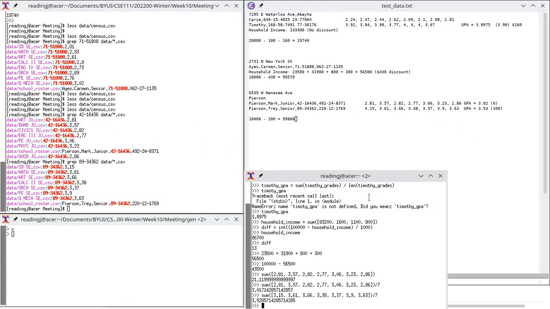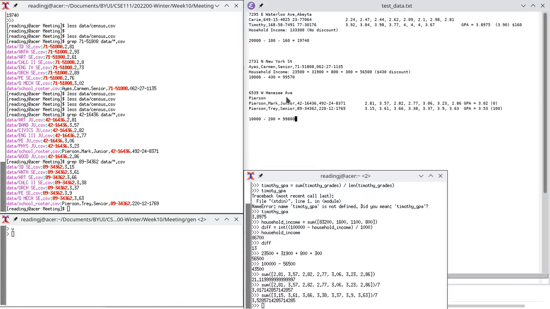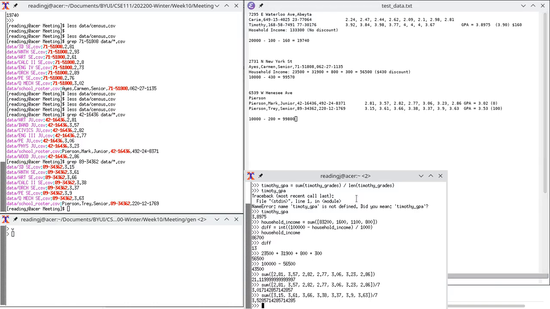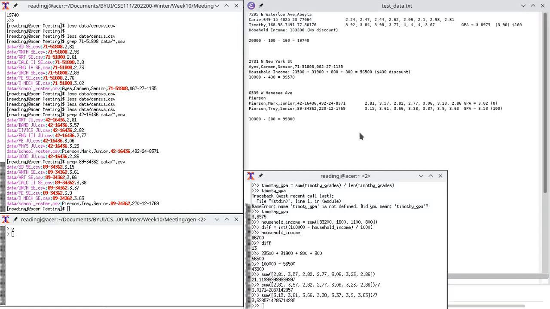Okay. Now, I want you to think about what I did to calculate each of those, because we're going to have to go through the same process in our program. We had to come up with a family that had students. So I looked in the roster to get the student information. Then I looked at the Social Security number to get the address, which is what gives me the complete family.